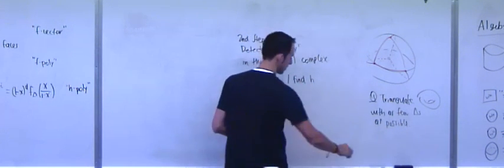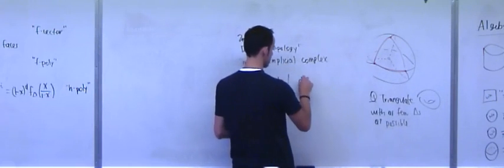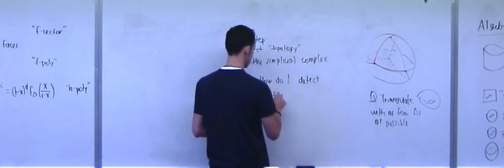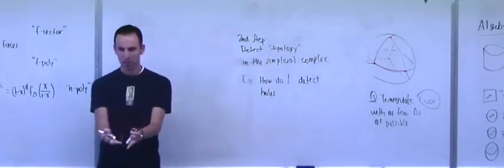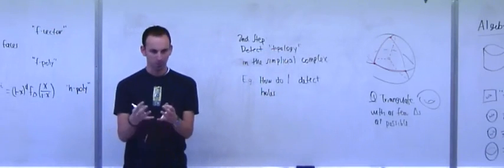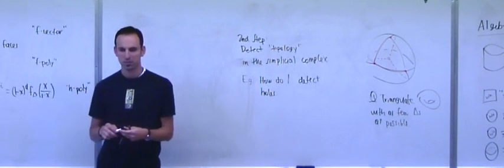How do I detect holes? I'm really thinking of a simplicial complex as a combinatorial thing that's supposed to be modeling some topological space. And I want to detect in this simplicial complex the holes that are in the real topological space.